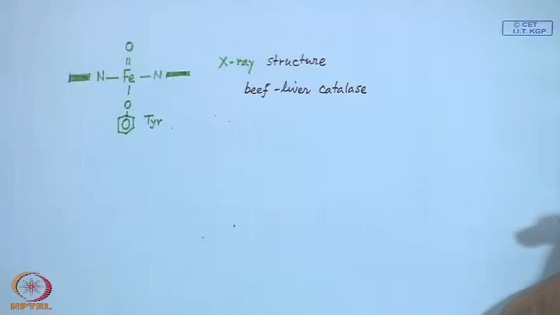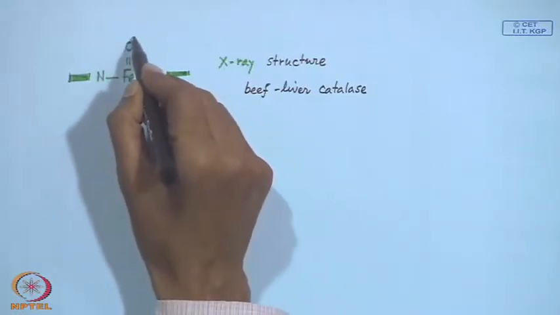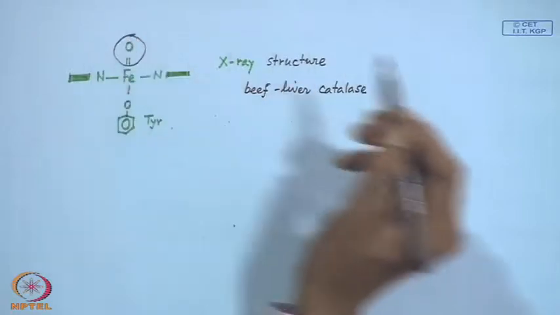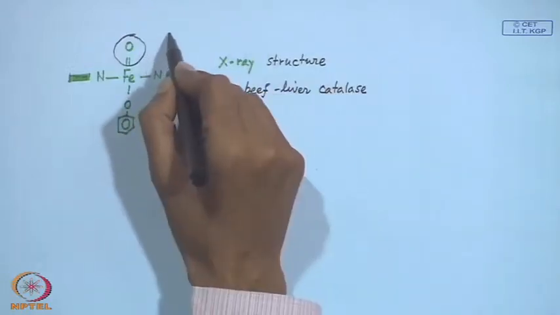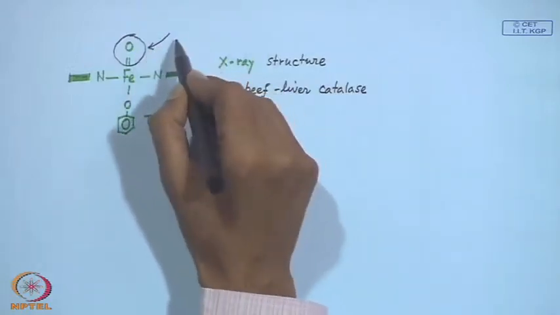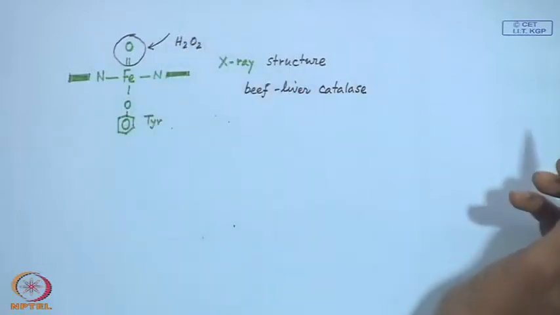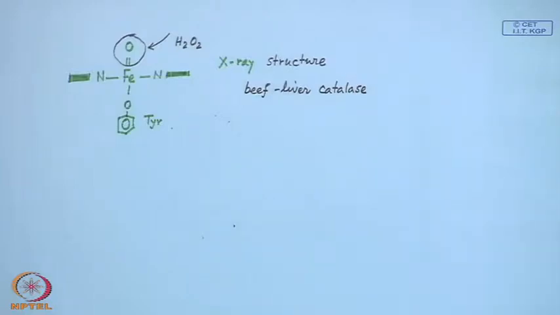So, when we do not have this particular 5th position bound, it can interact with peroxides. Now, we know that this we are getting from hydrogen peroxide. So, you have the iron site, which is nothing but your iron porphyrin site, and that iron porphyrin site can go for 2 types of reactions.